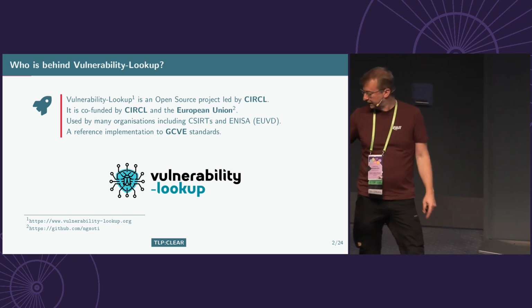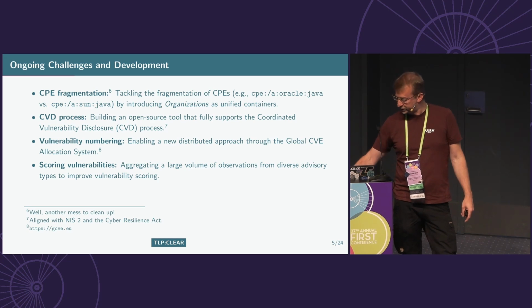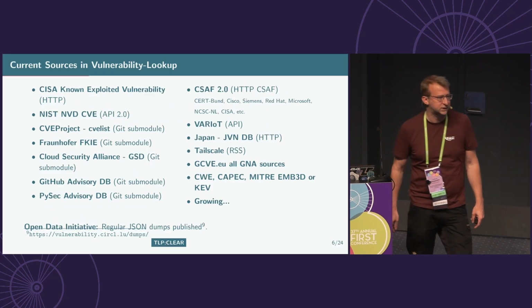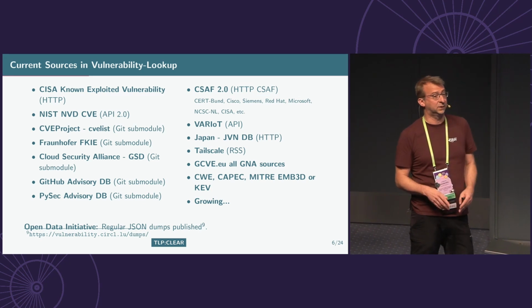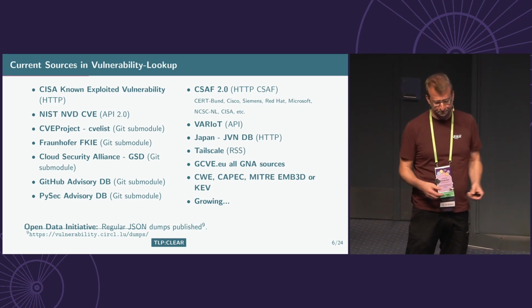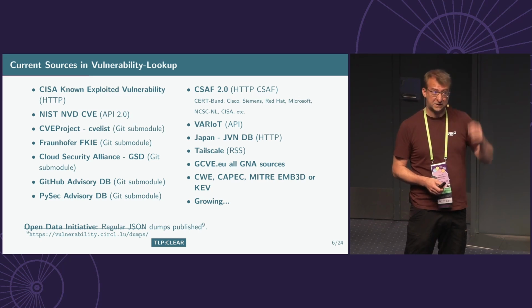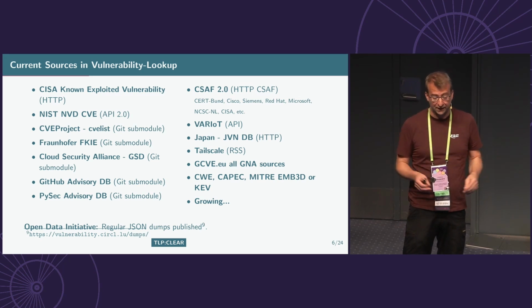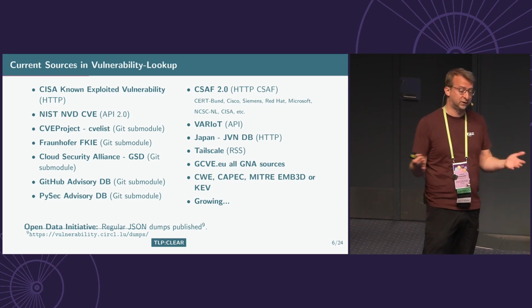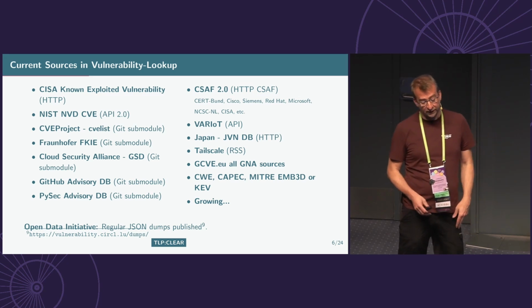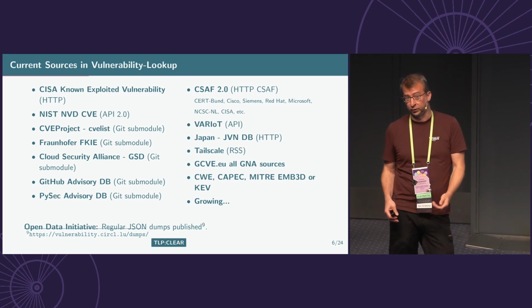Regarding the vendors, this one is a challenging one. Going back to the different sources, CSAF is easy because a lot of vendors are going for CSAF. But some vendors are still producing RSS feeds, CSV files, and stuff like that. So I will urge vendors to use a standard. If they use CSAF, they will get into Vulnerability-Lookup on the same day.